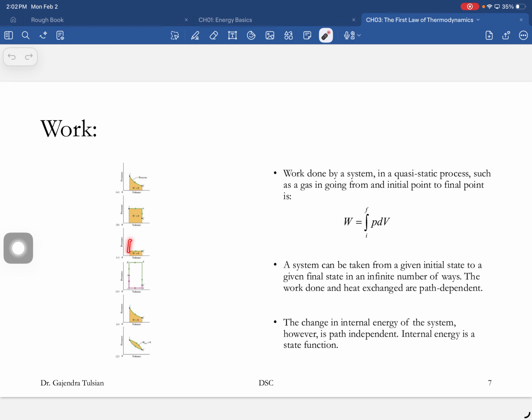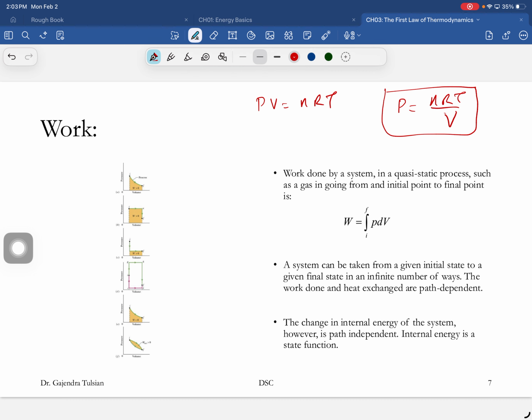If you do work on the system, for instance, you can take a gas and compress it, then the work done by the system is negative. So you will always look at things from the perspective of the system. If the system does work, work done is positive. If you do work on the system, the work done by the system is negative. So that's the convention. W is positive when the system does work.